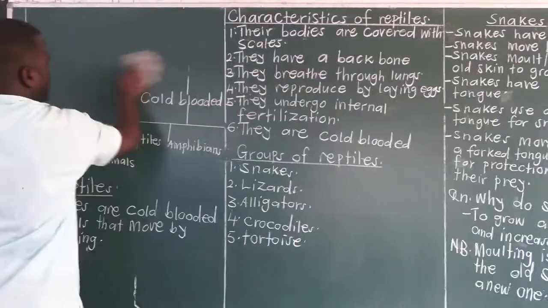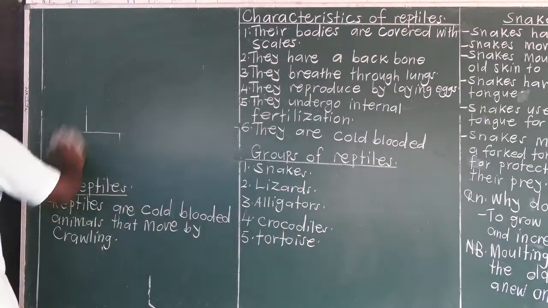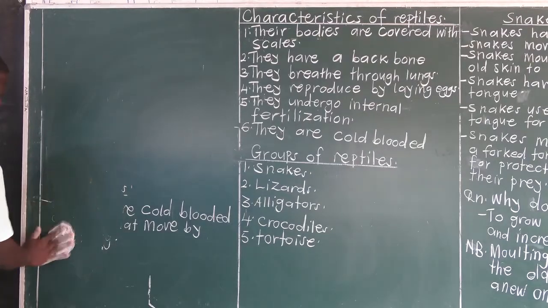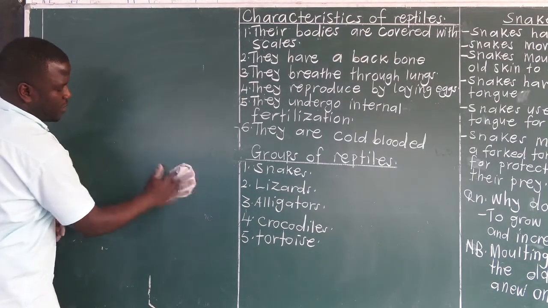Then we look at groups of snakes. Snakes are grouped into three groups or categories. One, we have poisonous snakes.